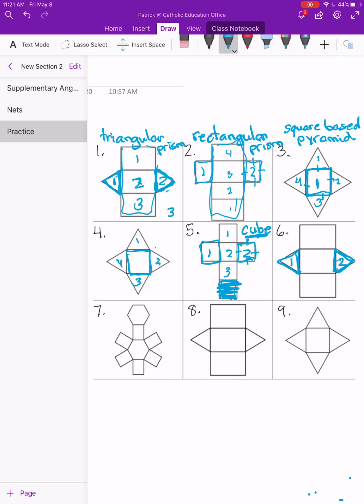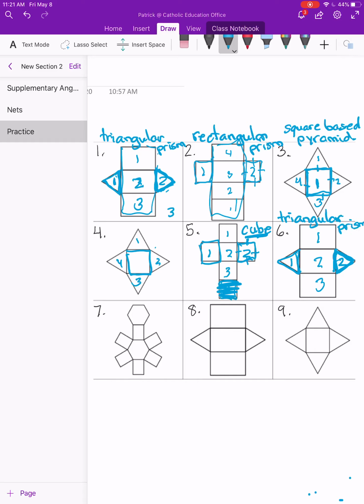And then, because a triangle has 3 sides, I need 1, 2, 3 of these sides that wrap up around. So this is going to be a prism. So what kind of prism is this? Well, it's based on the bases how you figure it out. So it's a triangular prism.